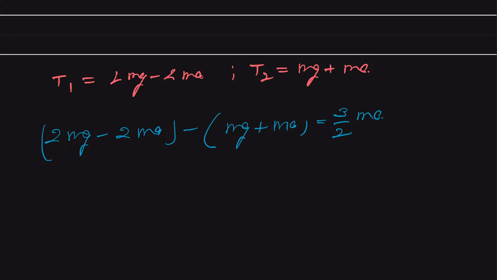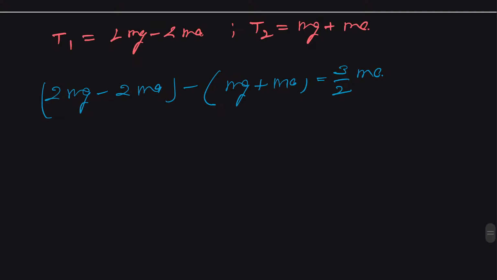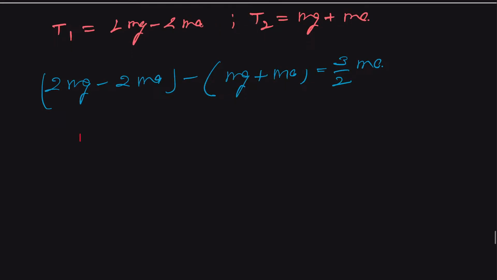This is quite easy. We get mg minus 3ma equals 3/2 times ma, and we can cancel out the mass throughout. This gives us that the acceleration will be equal to 2/9 times g.